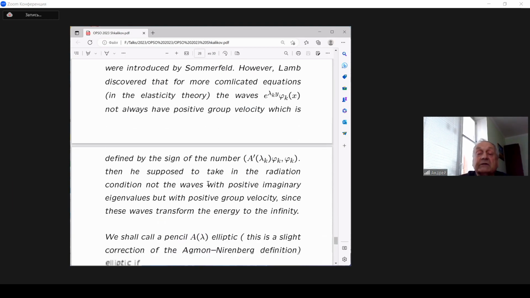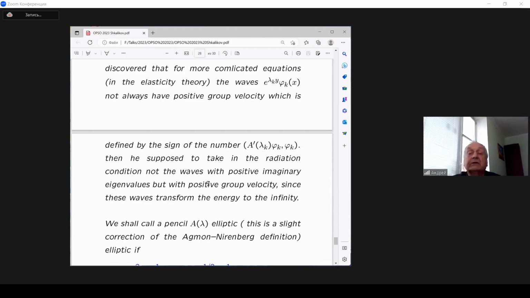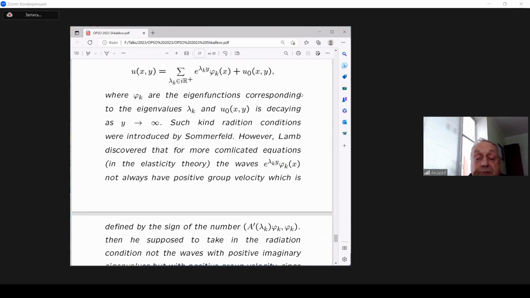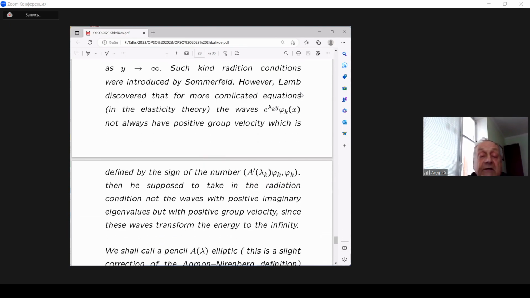This representation means radiation conditions.